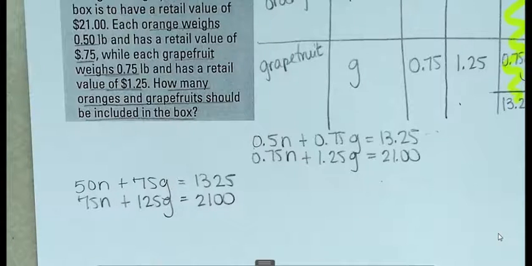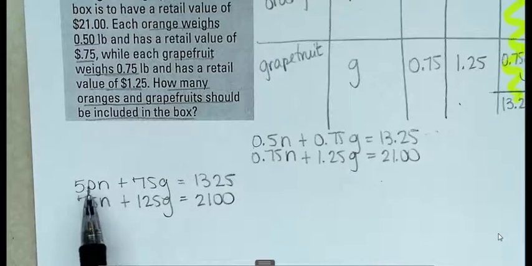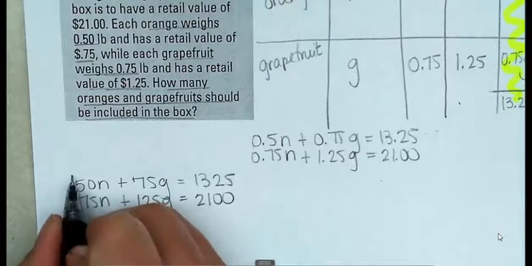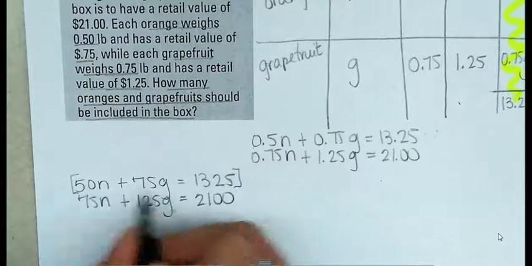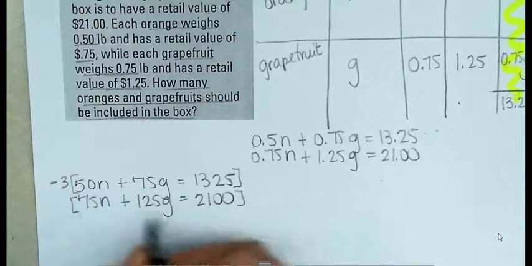I think both of these numbers can become the same. 75 times 2 will give me 150, and 50 times 3 will give me 150. So I need to make one of them negative. I don't think it matters which one we do. How about the top one? I'll multiply by a negative 3 and a positive 2.